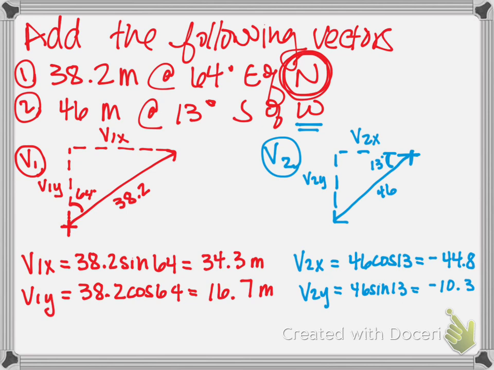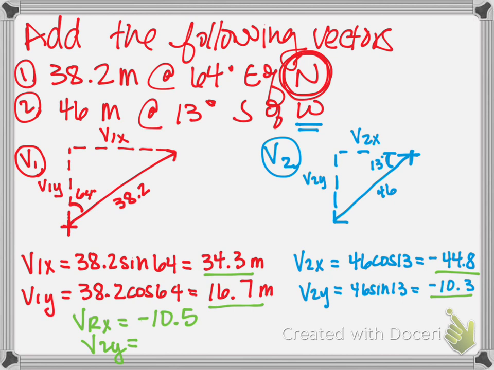I like to call them resultant x and resultant y. So VRx would be 34.3 minus 44.8. 34.3 minus 44.8 gives me negative 10.5. And then resultant y component would be 16.7 minus 10.3.